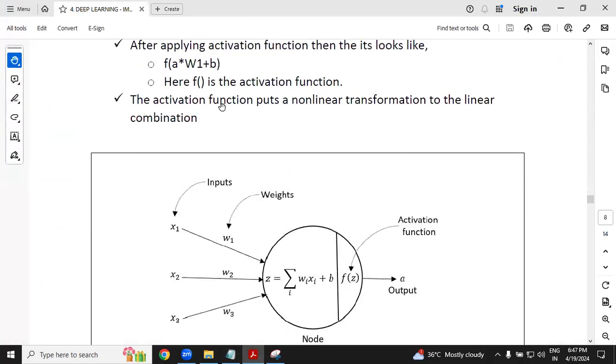The activation function puts non-linear data into linear form. What do you mean by linear data? Having a relation. Non-linear means no relation.